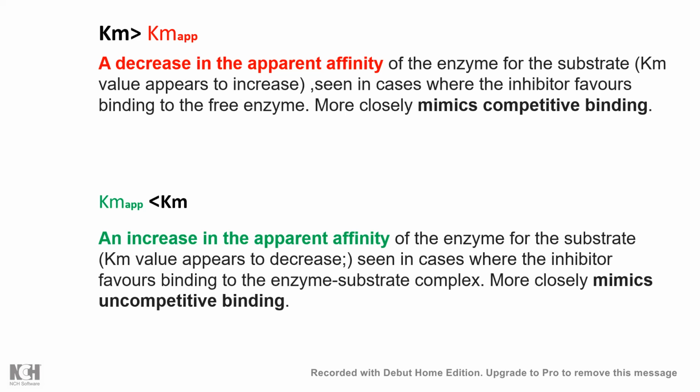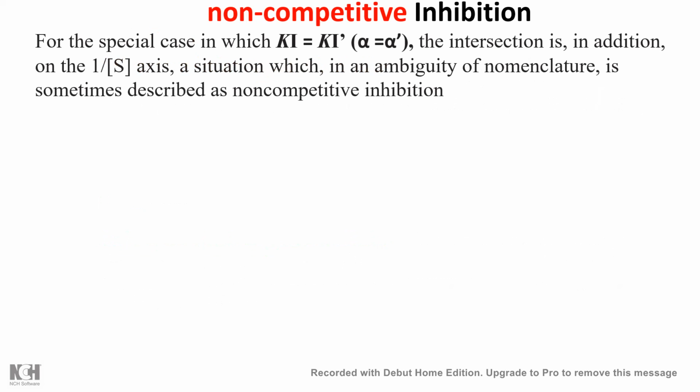If the apparent Km is lesser than the Km, then it more closely mimics uncompetitive binding.